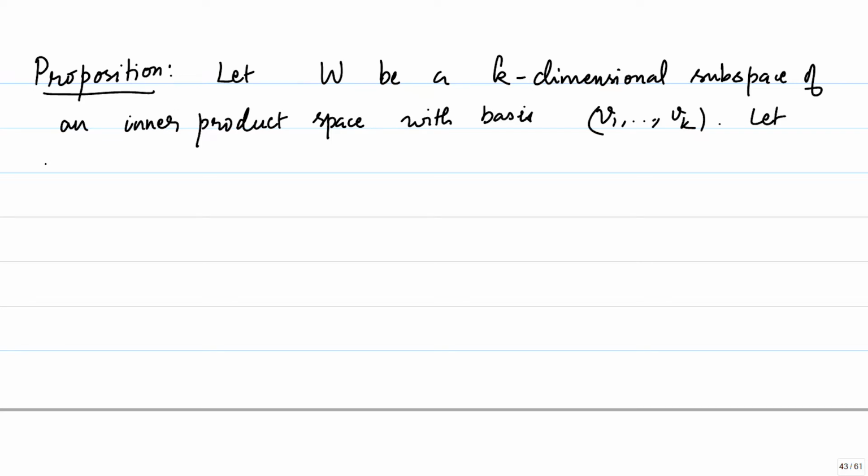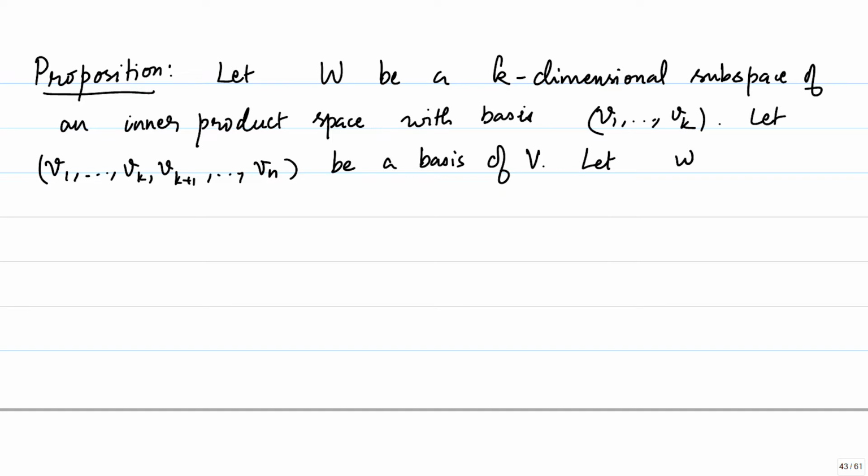Let V1 to Vk, Vk plus 1 to Vn be a basis of capital V. So, we are considering inner product spaces which have a finite dimension. Now, let us apply the Gram-Schmidt process, orthonormalize it to obtain a new basis.